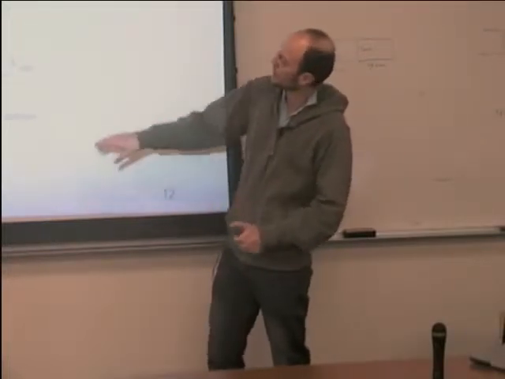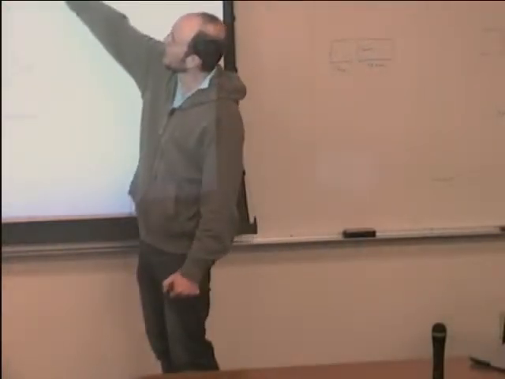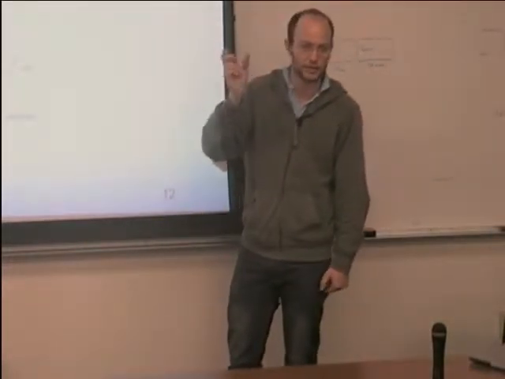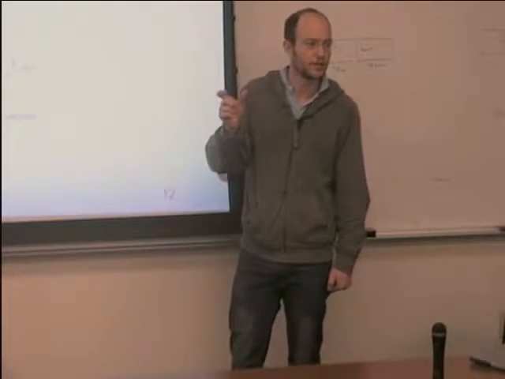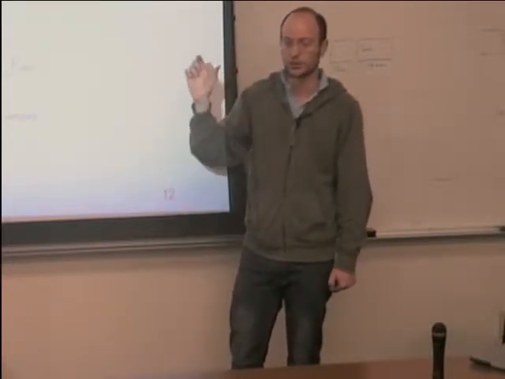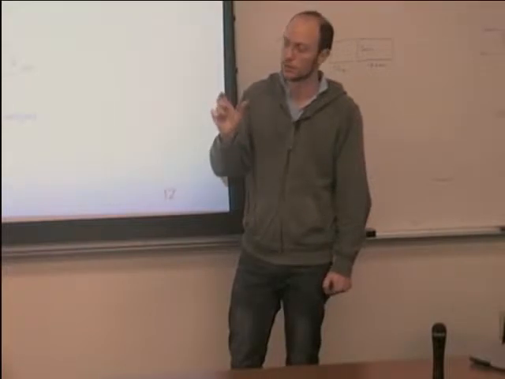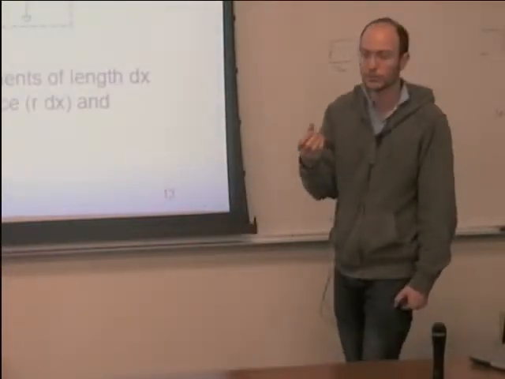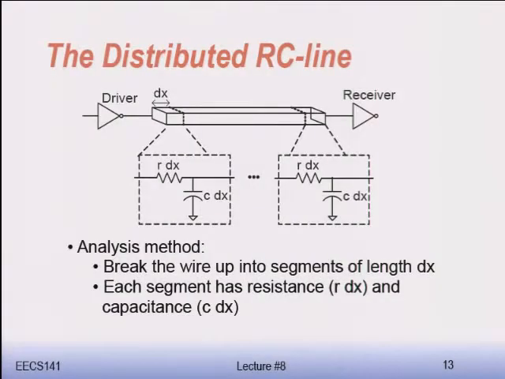If you think about it, the capacitance you pick up length by length. Every increment of the wire adds a little bit of capacitance. So as long as the resistance is 0, these capacitors are all in parallel. But when you make the wire resistive, every little bit of wire not only adds capacitance, it also adds resistance.